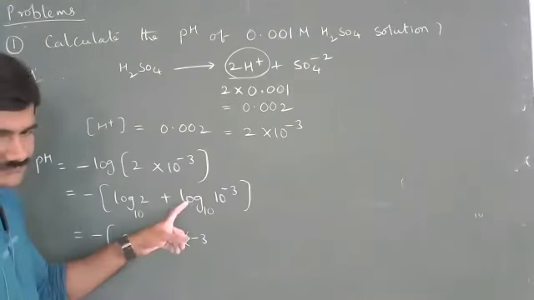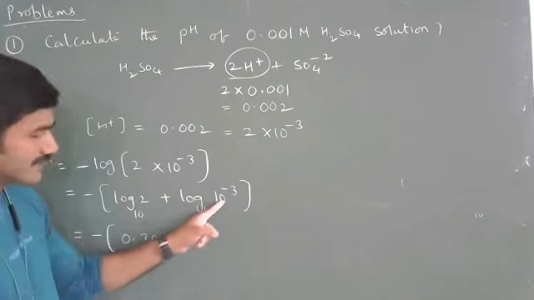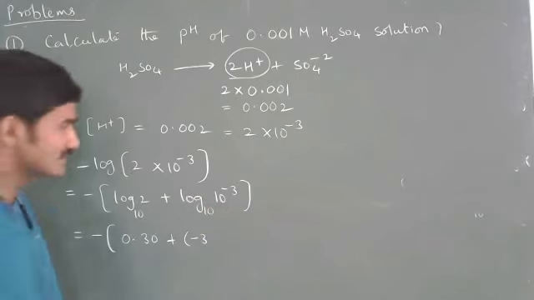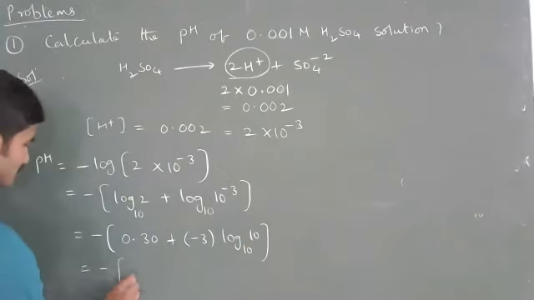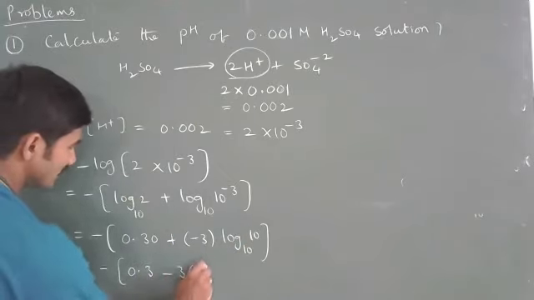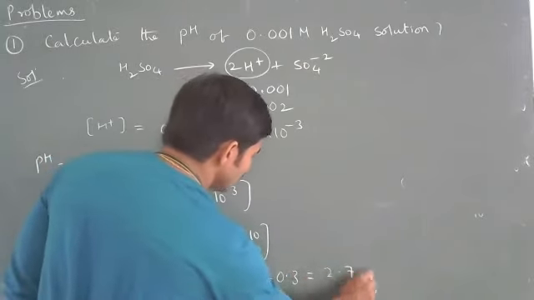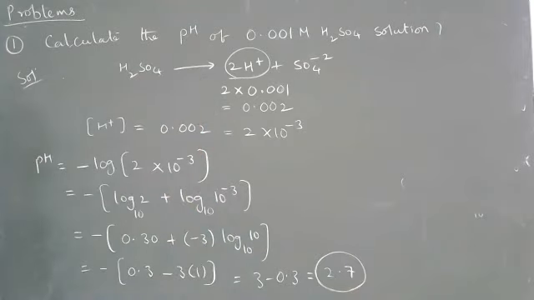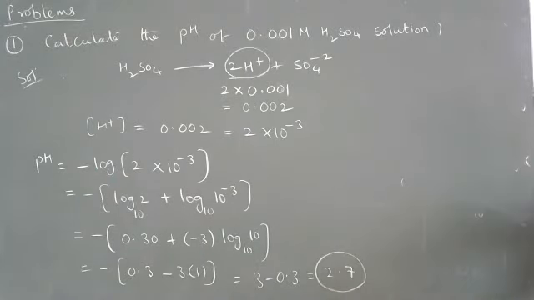This is log x power m. The formula is m log x. So I write minus 3 log 10 base 10 is equal to minus of 0.3 minus 3 into 1. So you'll get 3 minus 0.3 is equal to 2.7. Is that clear? All of you got the answer? 2.7.